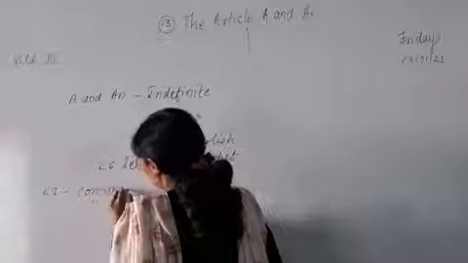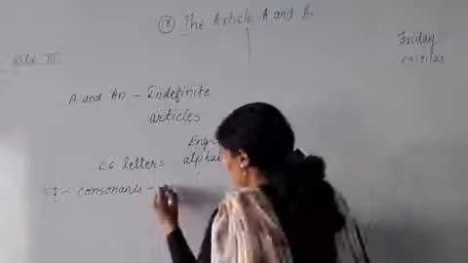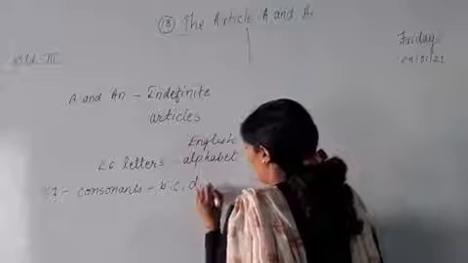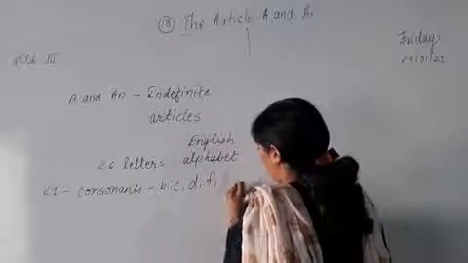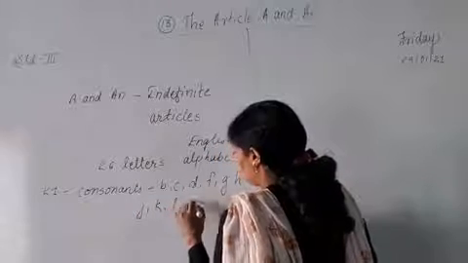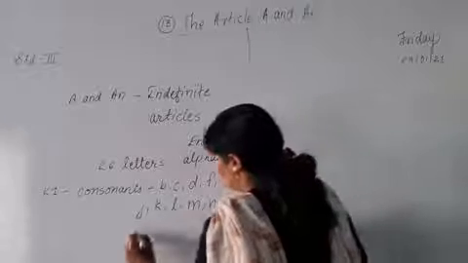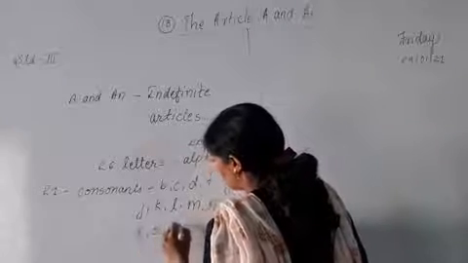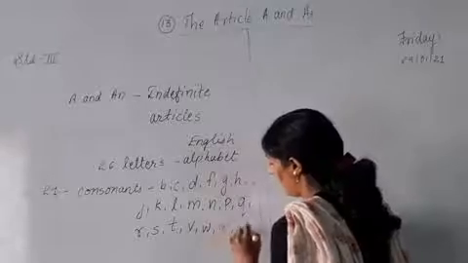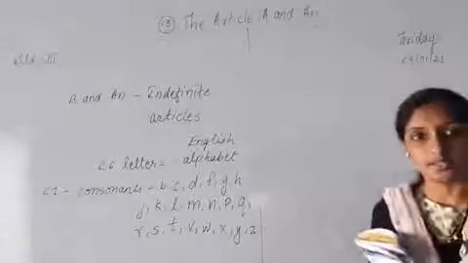Now which are consonants? B, C, D, F, G, H, J, K, L, M, N, P, Q, R, S, T, V, W, X, Y and Z. They are consonants.